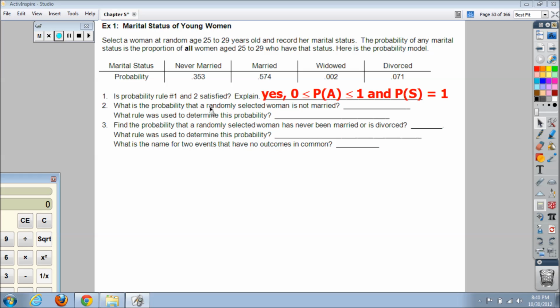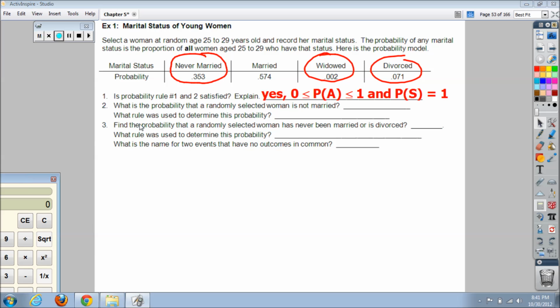What is the probability that a randomly selected woman is not married? Okay, well, let's see. Here's married, so not married must mean the 0.353. But widowed people aren't married. Divorced people aren't married. So we could do one of two things here. We could say, well, let's take these three sets of women and add them all together.